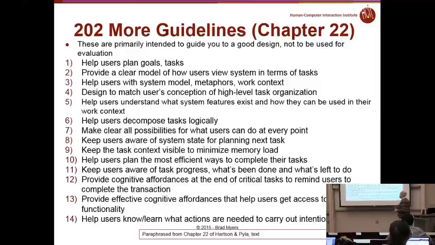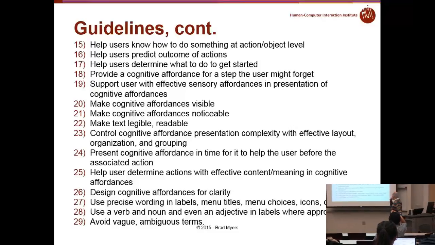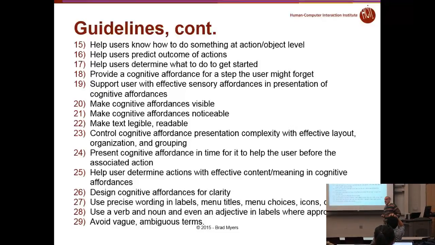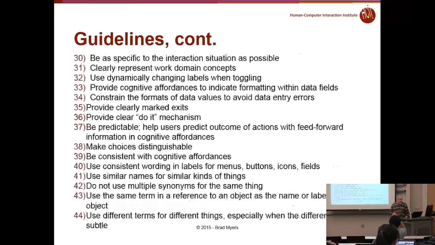Some of these are kind of fun, some are kind of silly, but there really are a lot of things that you might want to consider when you're trying to become an expert designer, trying to become a user interface specialist. I would say probably none of these are wrong. Provide clearly marked exits is one we'll actually be talking about.